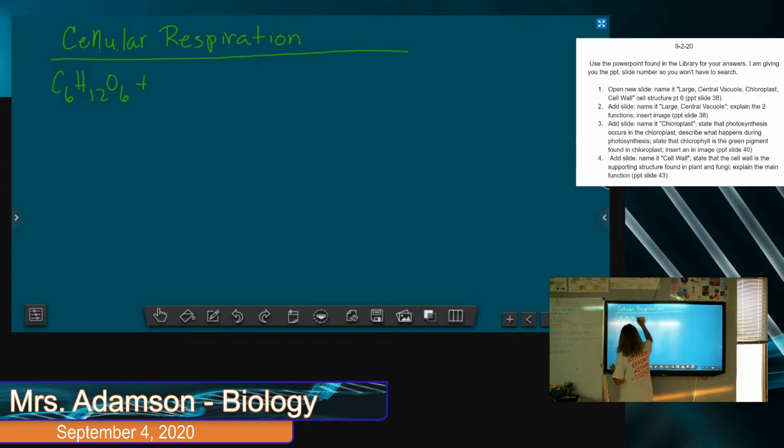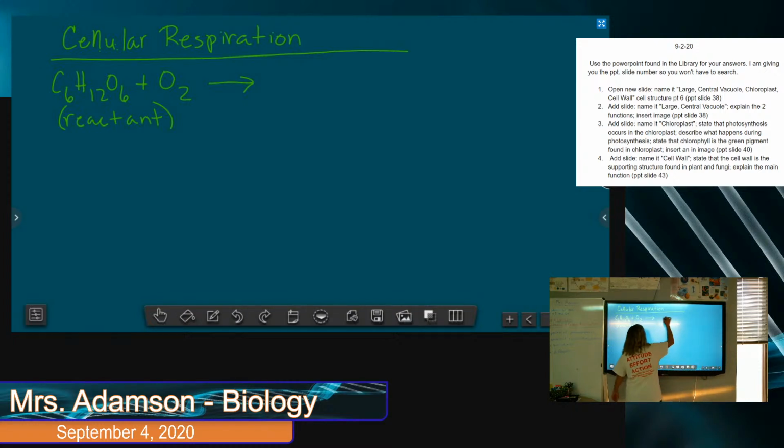So glucose and oxygen react together. Here is our reactant side. A chemical reaction is going to occur. Molecules are going to rearrange and produce something on the other side.